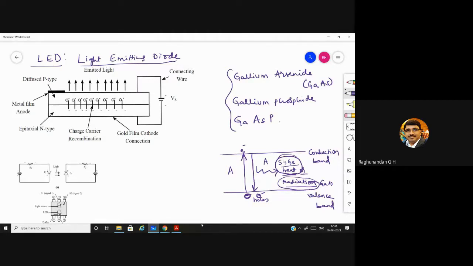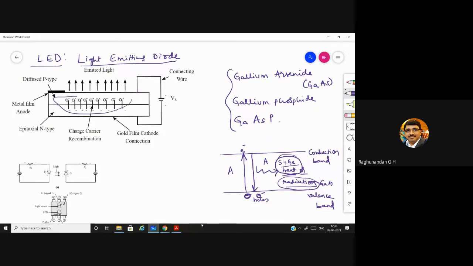The main reason for coating the cathode with a gold film is this: because of the recombination process, light will be liberated.